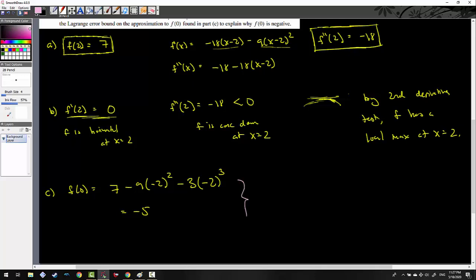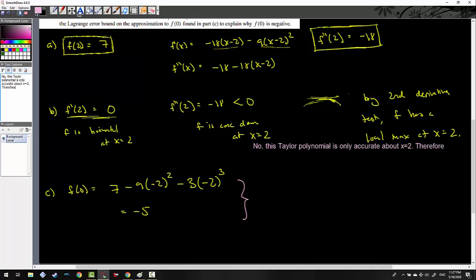So actually, the answer to this question here is no. There is not enough information. So all you do is you just say no. This Taylor polynomial is only accurate about x equals 2.